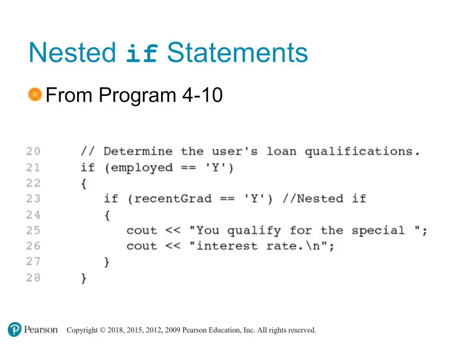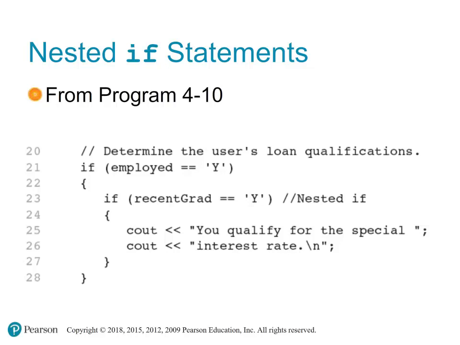The inner if statement is nested within the outer if statement. The inner if statement, recent grad equal y, is only evaluated if the outer if statement, employed equal y, is true.